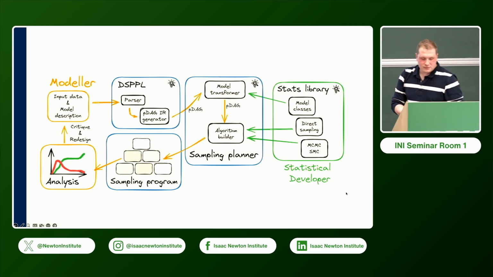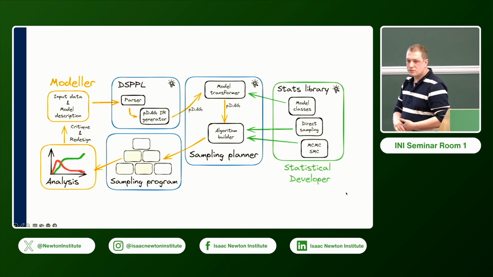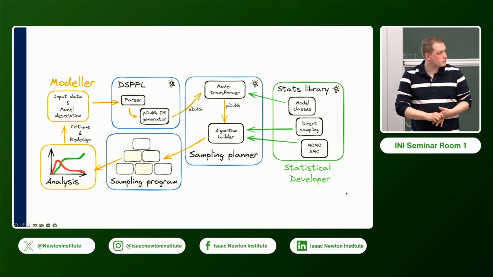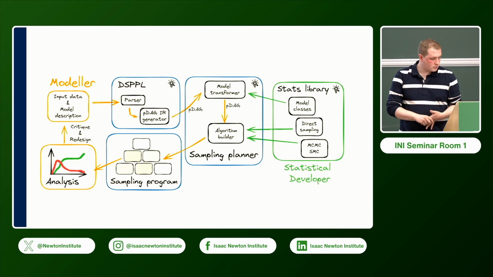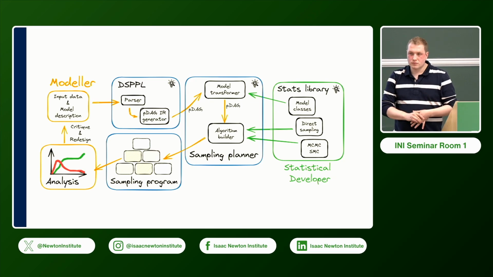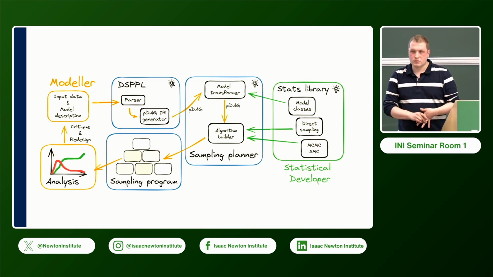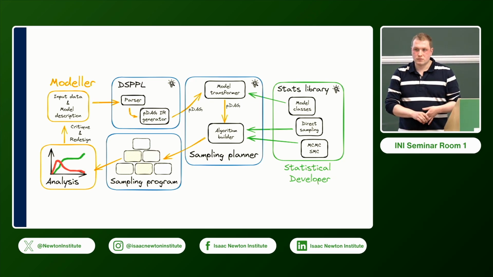Yeah, exactly. So I guess what the model transformer is saying is, can we spot things like the opportunity to rotate a Gaussian process so that you orthogonalize its variance, taking known decisions on it?